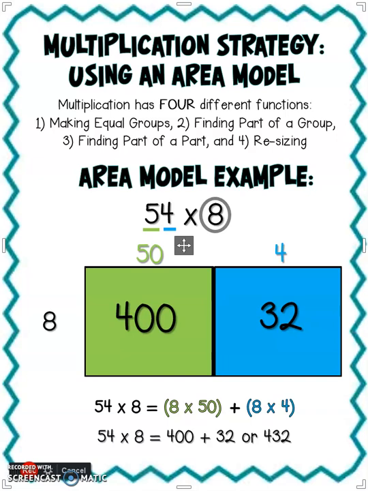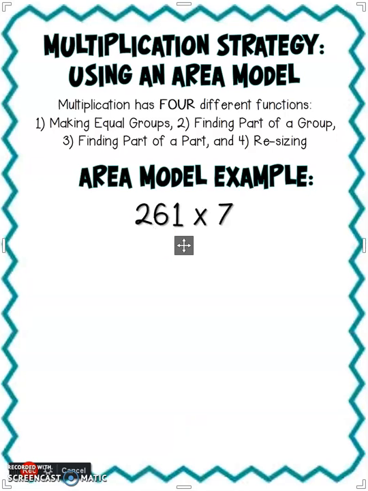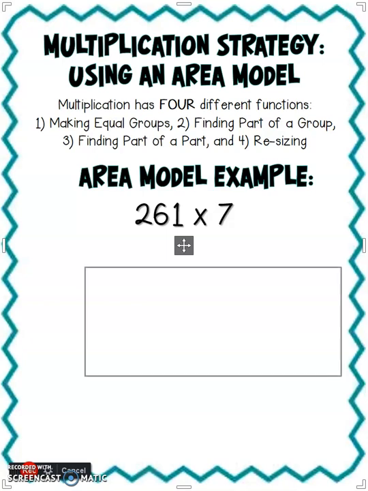Let's look at another example with slightly larger factors. This time, I want to look at an example with a three-digit factor multiplied by a one-digit factor, and that's 261 times 7. Again, I'm going to start with my rectangle, and I'm going to look at my second factor, which is 7. Since it's a single-digit number, I'll write it on the left of my rectangle. Then, I need to count the digits in my first factor.